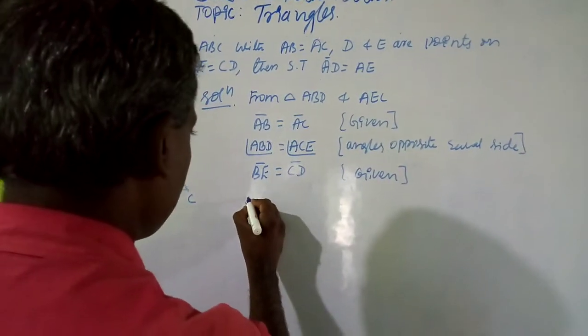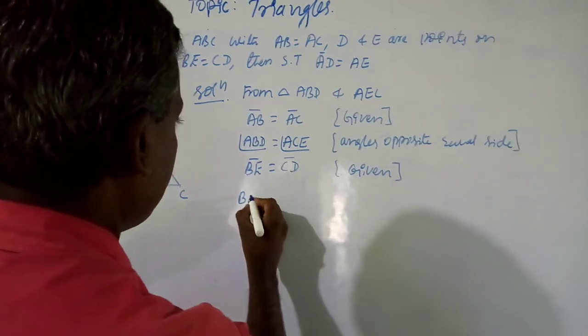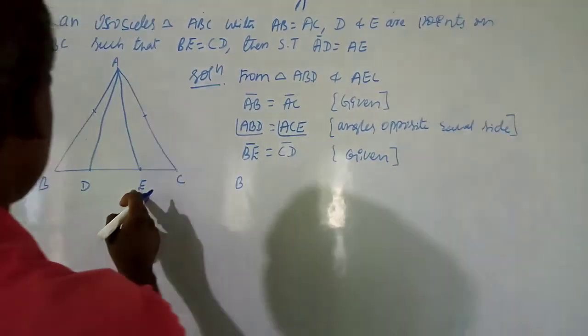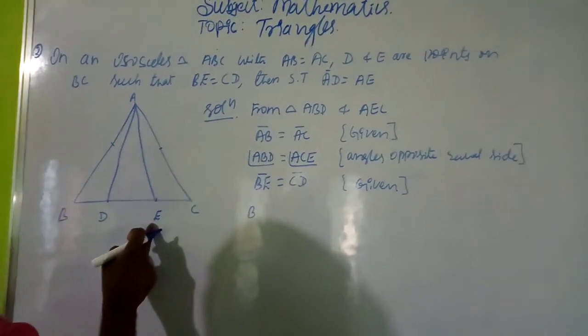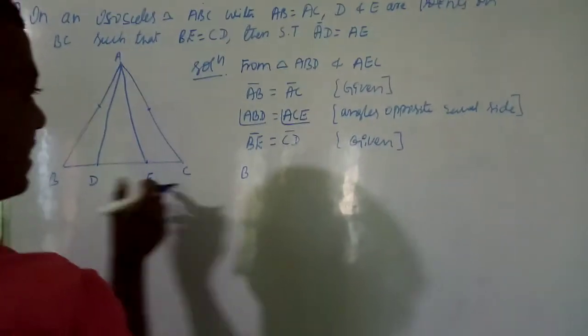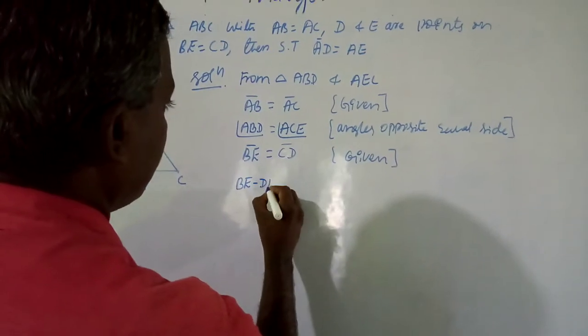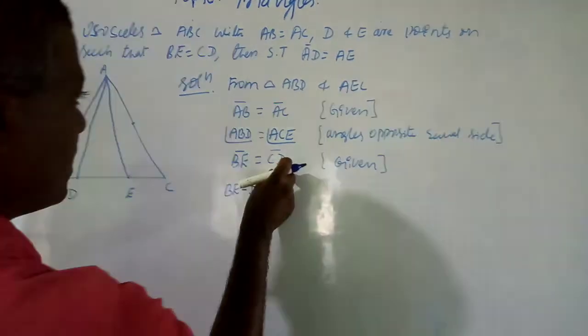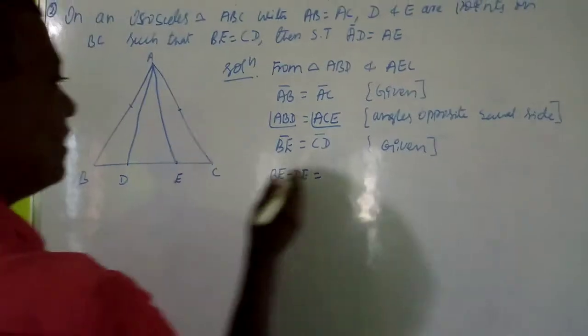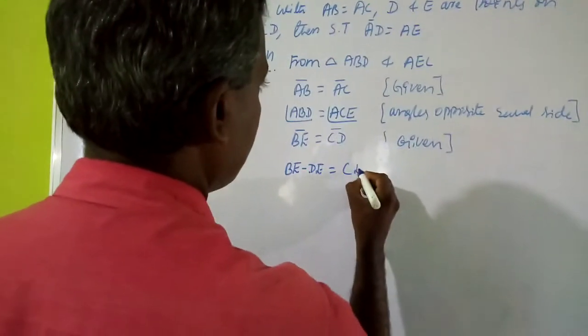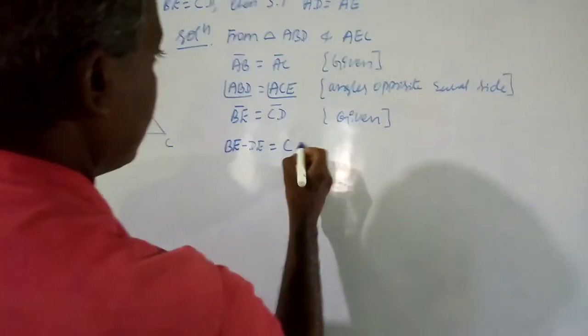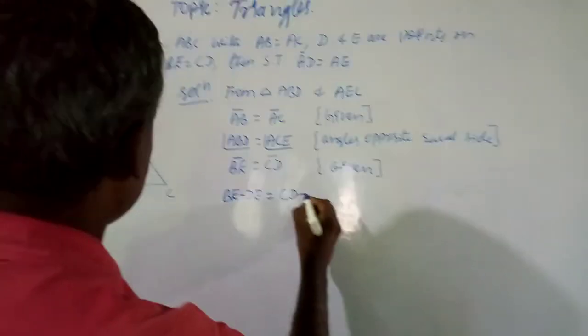So BE minus DE is equal to, CD also you can rewrite, that is CD minus DE.